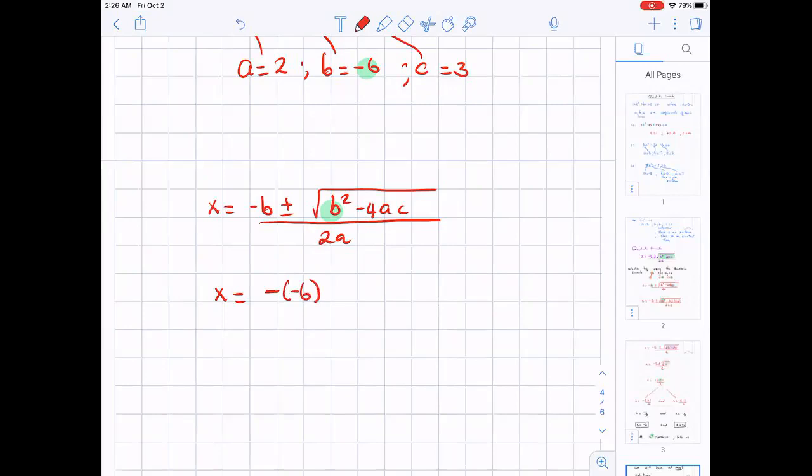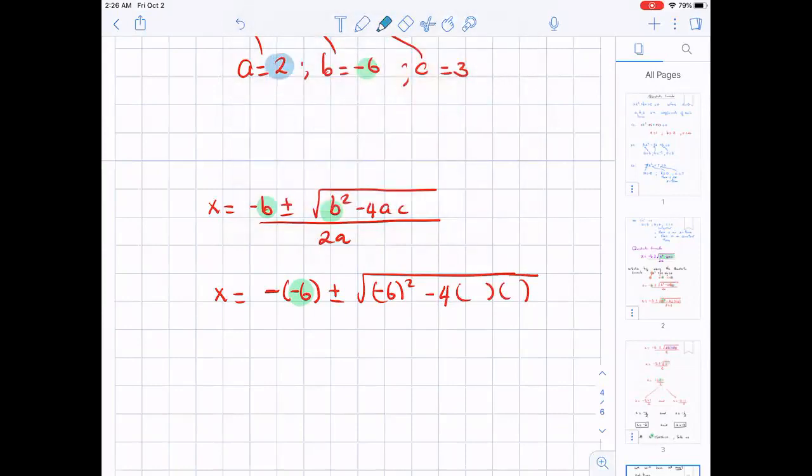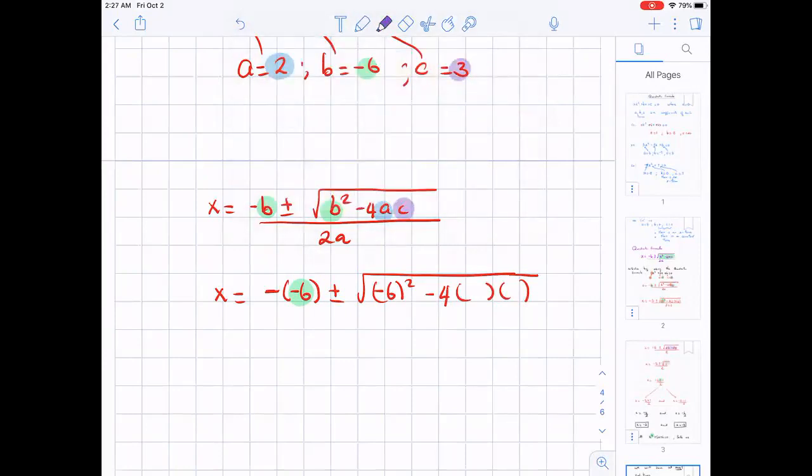Be careful that b is minus 6. Plus or minus the square root of minus 6 squared, then minus 4 times a times c. a is 2, and c is 3. All of that over 2 times a, which we said is 2.